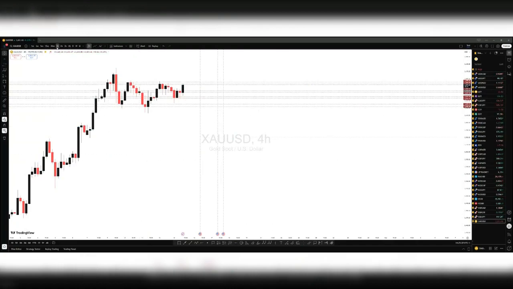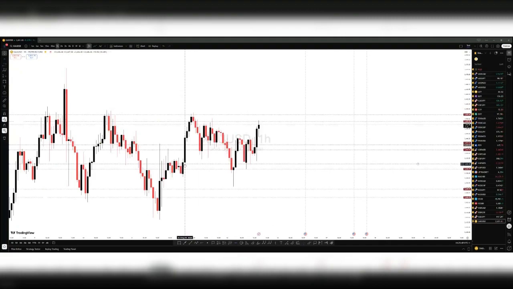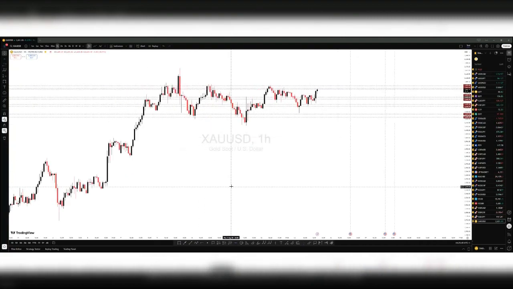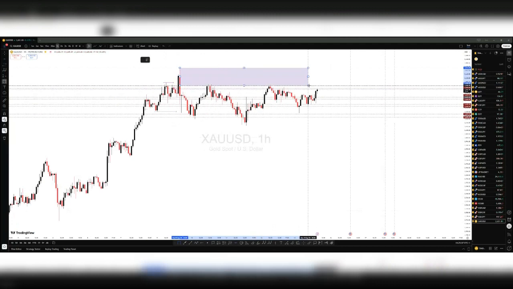Want to come to the 1 hour time frame and see how price is doing. So you can see that the most recent pattern of price was this sweep followed by this break, leaving this as our supply region, which is quite huge.